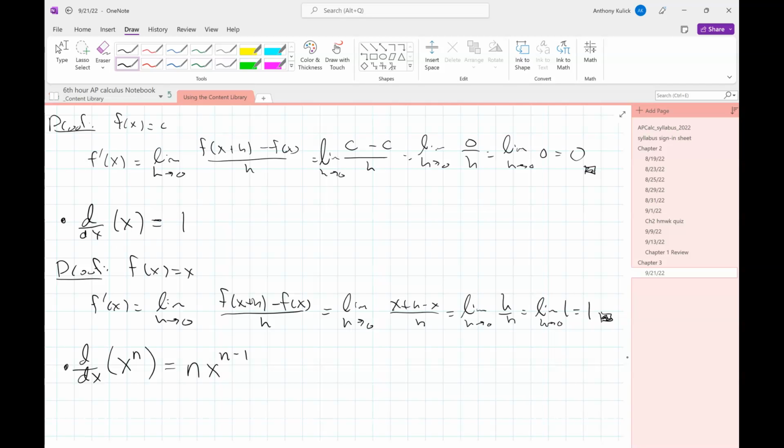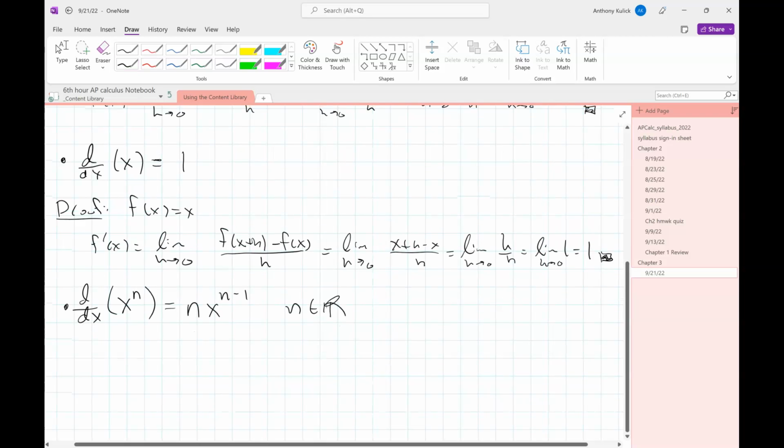I'm going to skip the proof for this because I can't prove it generally, but this is true for any n. The proof that I would do would just be for positive whole number n's, and I would use the binomial expansion to do it, but it's kind of tedious and not really that informative. So I'm just going to skip it.